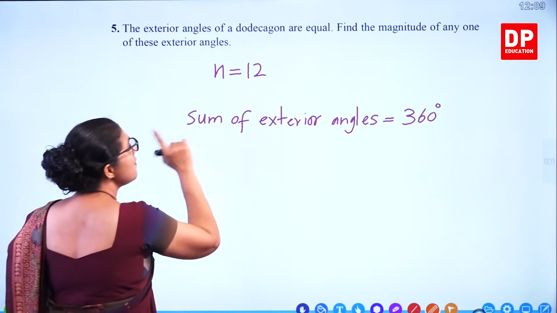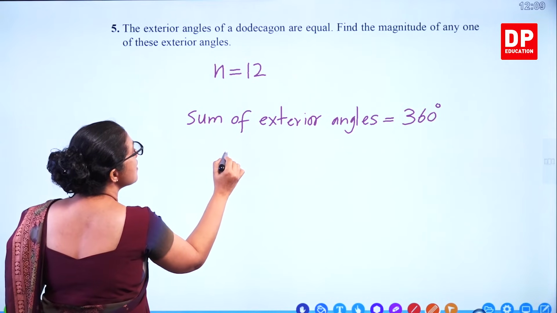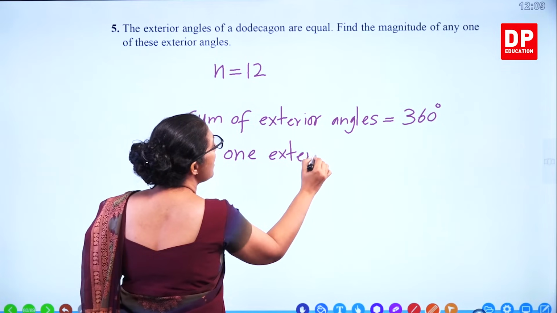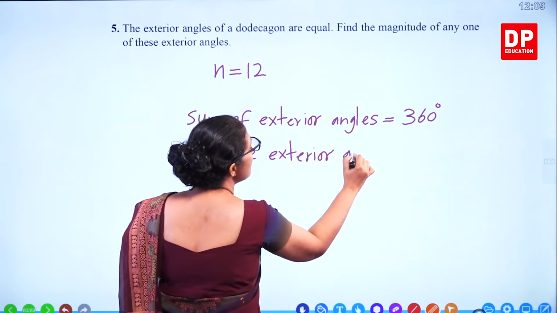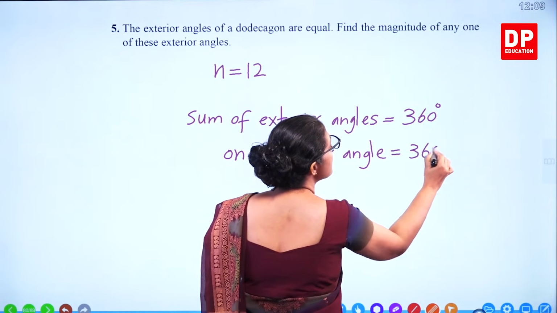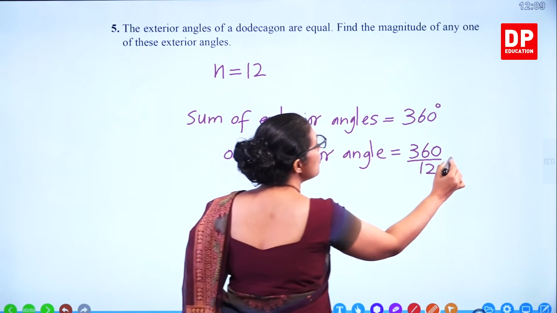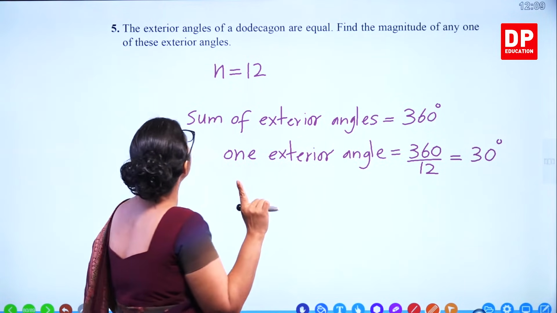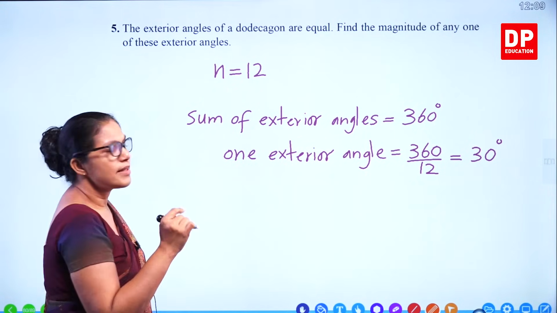There are 12 exterior angles. So what's one exterior angle? If all are equal, you can divide by 12. 360 divided by 12, you get 30 degrees. So that's one exterior angle.